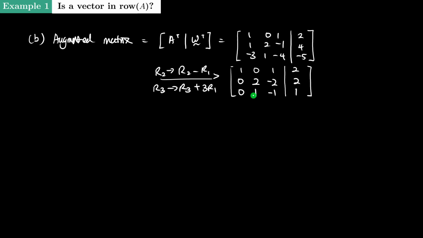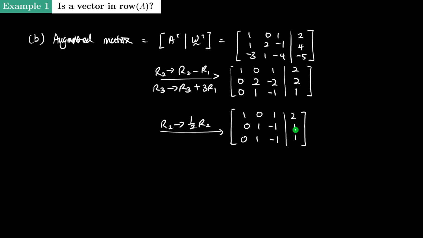And then the next step is to get rid of this number 1 below the pivot of 2. So we first convert this into a 1 to make our life easier. So row 2 becomes half of row 2. That will give us 1, 0, 1, 0, 1, minus 1, 0, 1, minus 1, and 2, 1, 1.